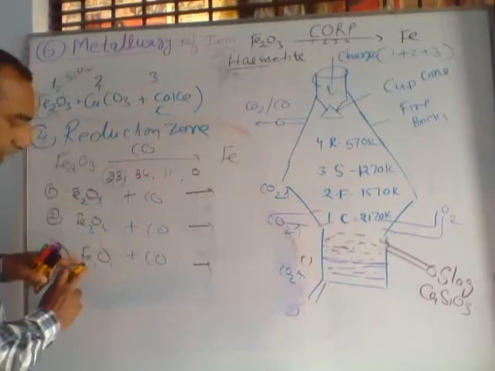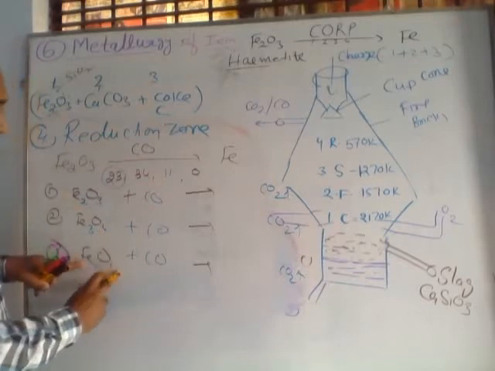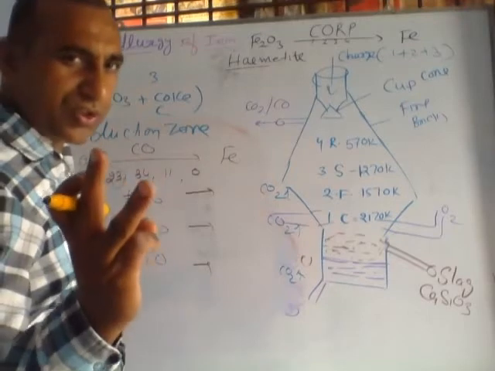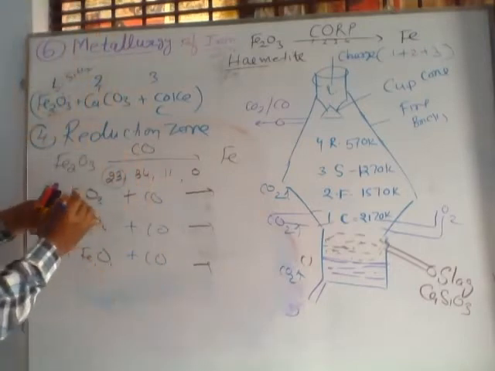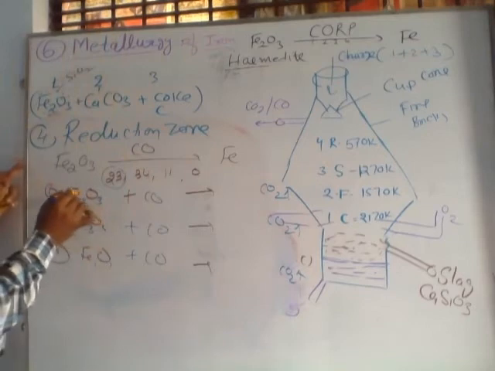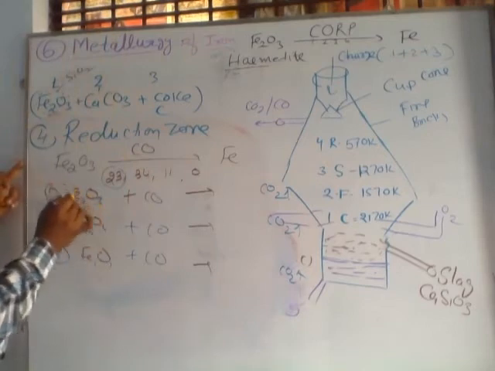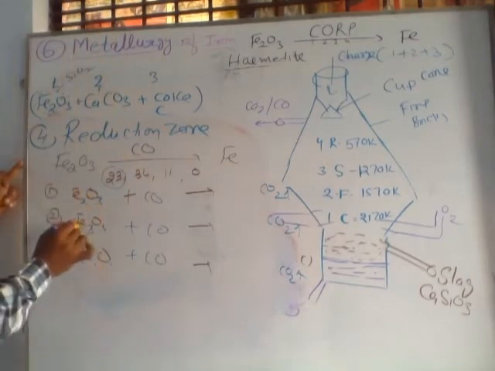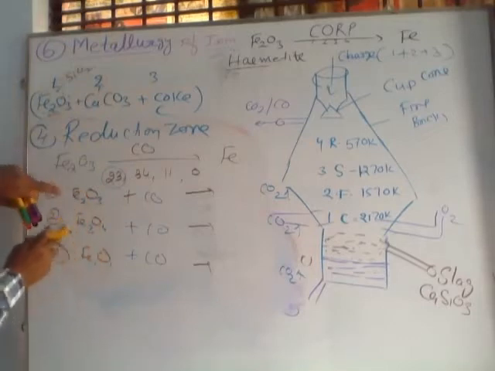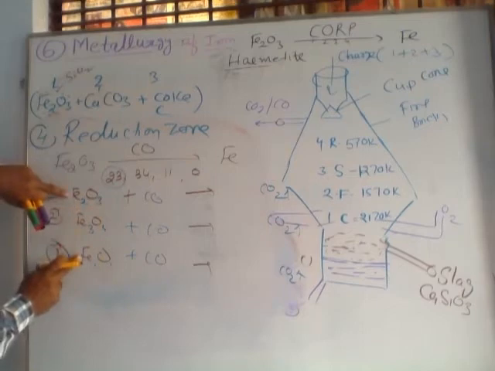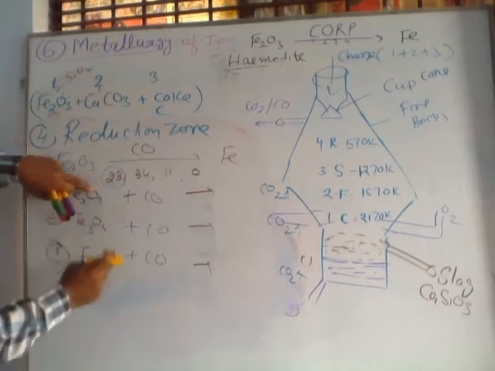Listen. This is called ferrous oxide, in which the valency of iron is 2. This is ferric oxide. In the first case, the valency of iron is 3. This is ferric oxide, this is ferrous oxide. And Fe3O4 is the mixture of these two. If you add these two, 3 and 1, 2 and 1, 3 and 3 and 1, 4.